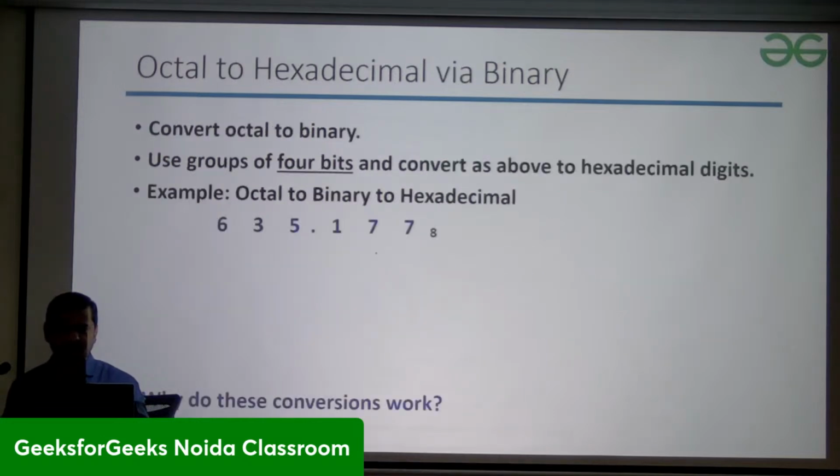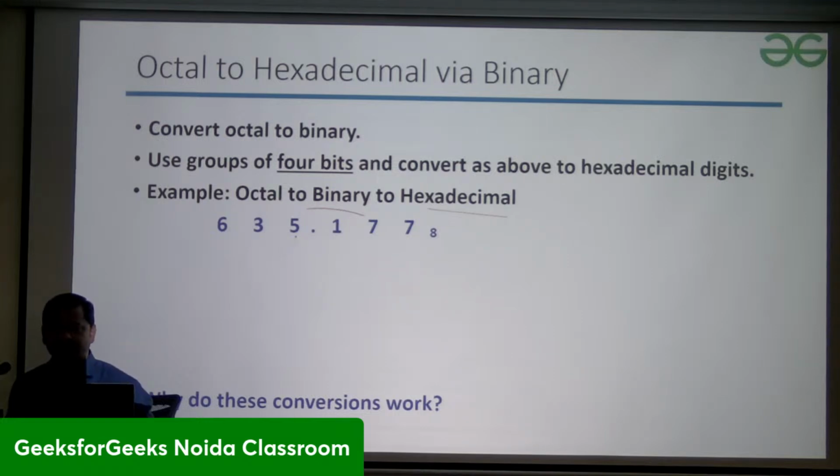Okay, let's say this is the value given in octal. I just want to convert it into binary and into hexadecimal. Whenever we want to convert into binary, we have to represent each and every digit in the octal number as 3 binary digits.